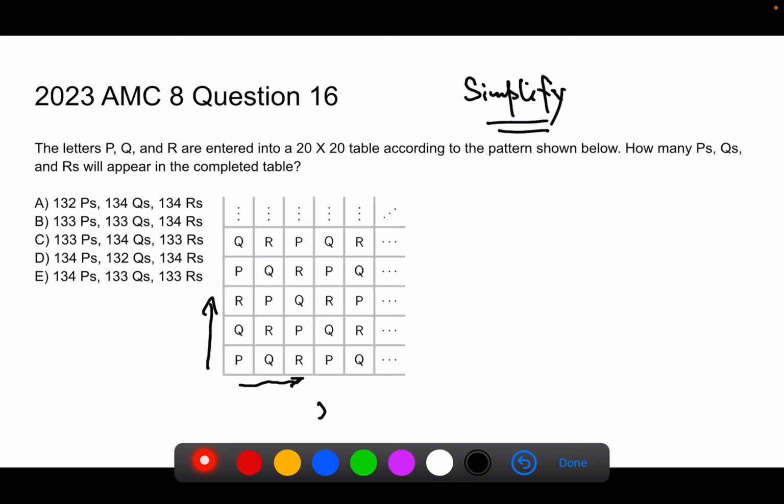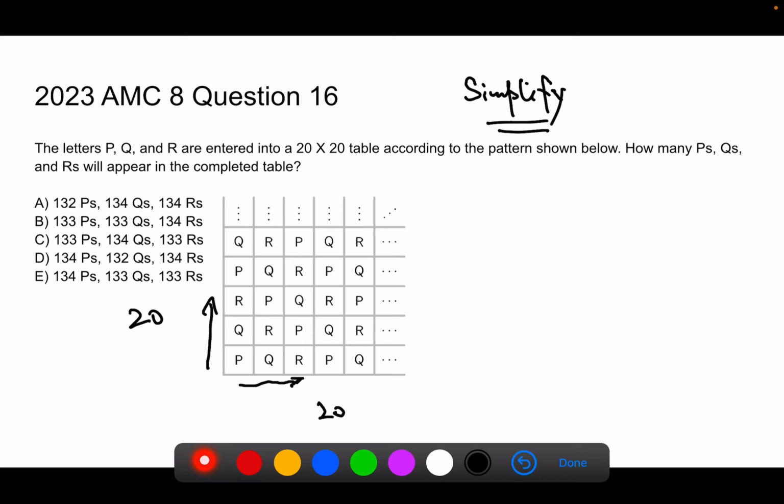And this is 20 by 20. So now every 3 times, no matter which letter is the first one, the sequence will repeat. So PQR will appear 1 time for each.